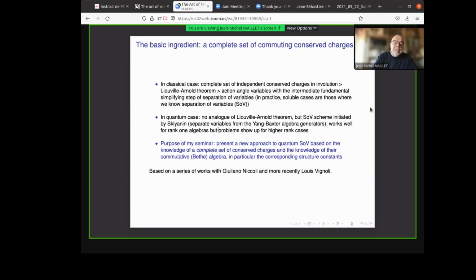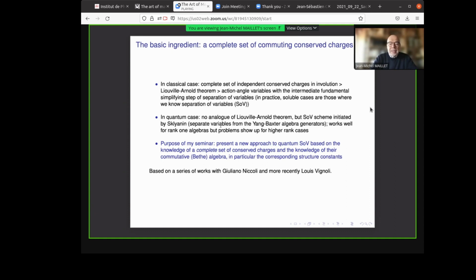Okay, what I would like to present in this seminar is a new approach to this separation of variables, and in particular, how to construct a basis of the physical Hilbert space which presents the properties of separation of variables.